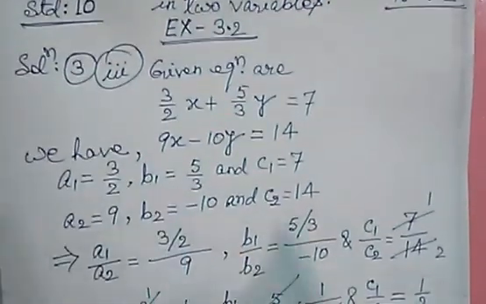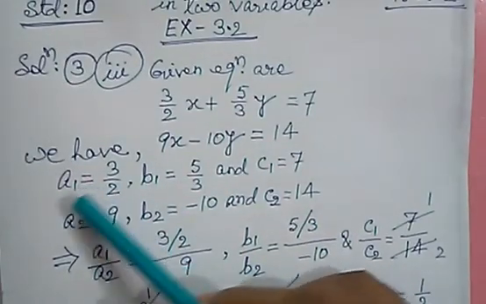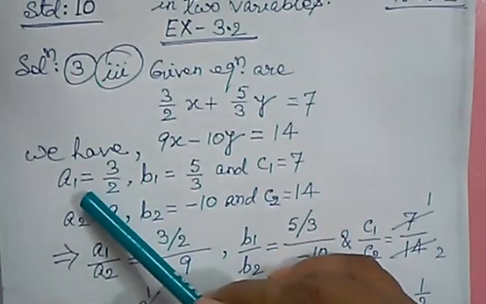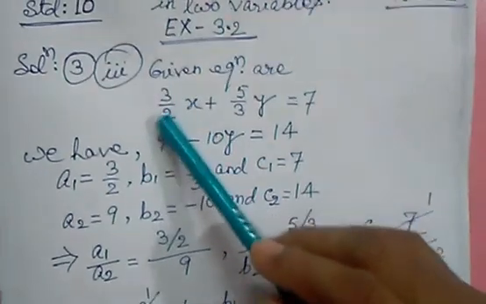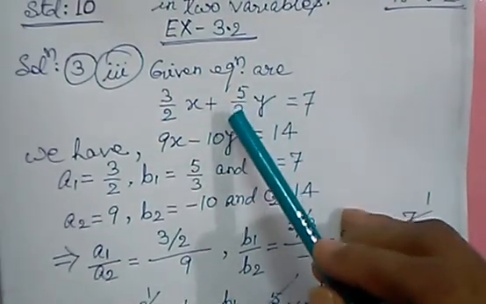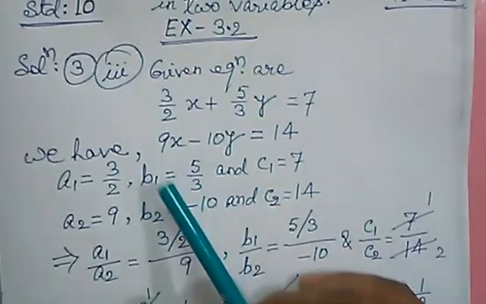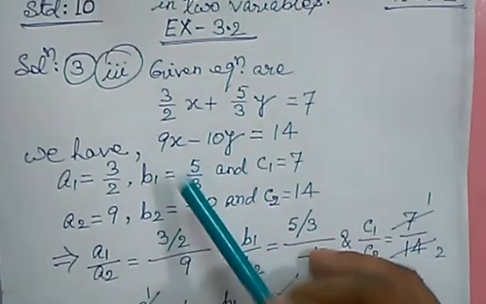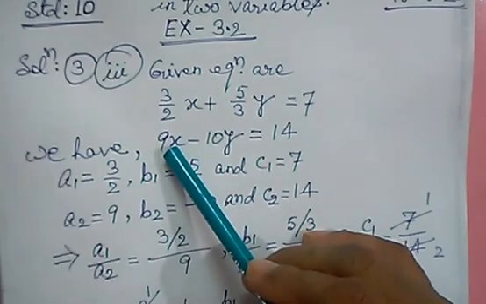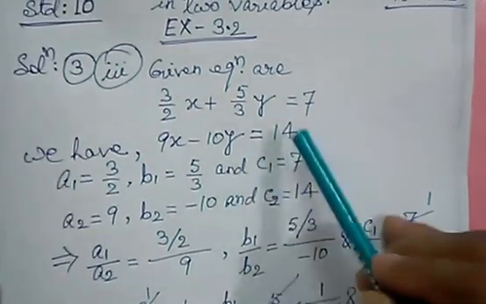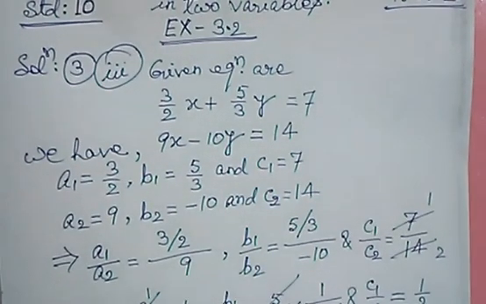So we have here the values of coefficients. Like you know, it is a1x plus b1y plus c1 equal to 0. Similarly, the second one, a2x plus b2y plus c2 equal to 0.